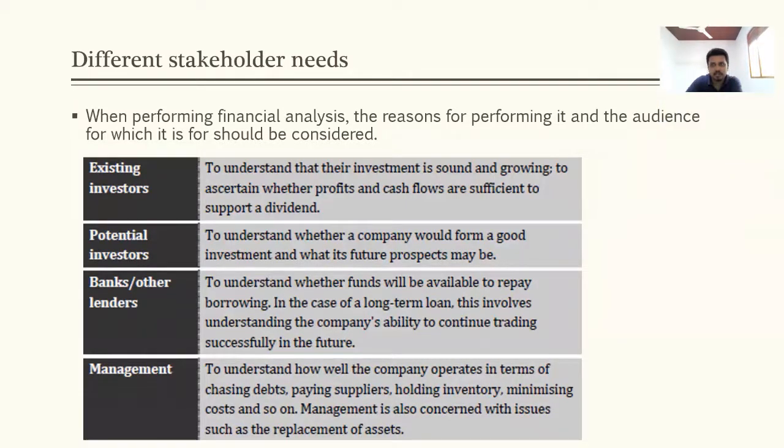Different stakeholders' needs. Right. So financial statements are being analyzed not only by the internal users, there are external users as well. Both internal as well as external users, in order to make effective decisions, analyze financial statements.